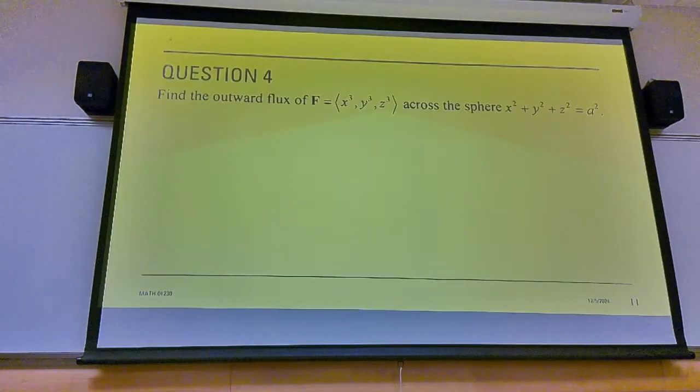Well, in spherical coordinates, you have rho, phi, and theta. Rho goes from 0 to a. Theta goes from 0 to 2 pi. And phi goes from 0 to pi.